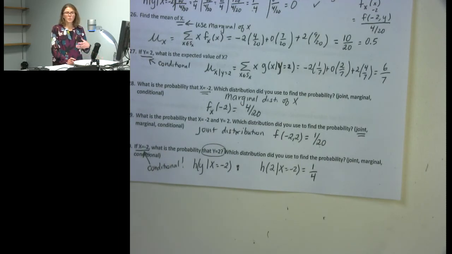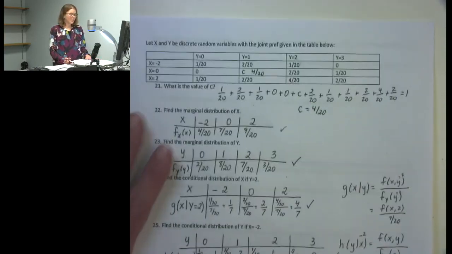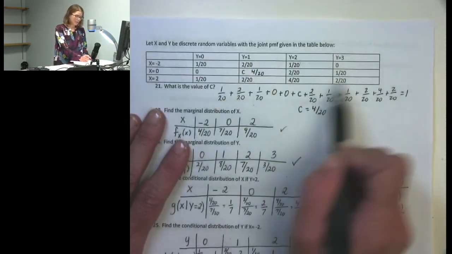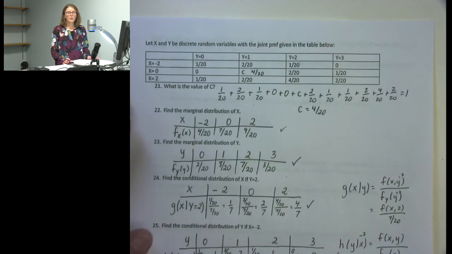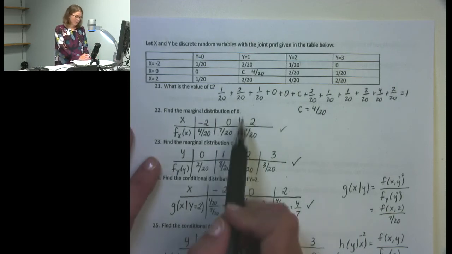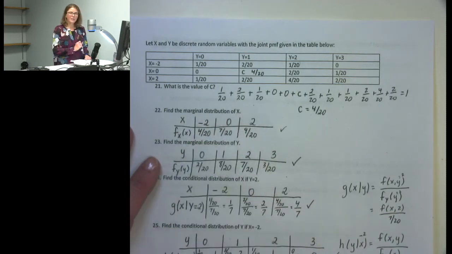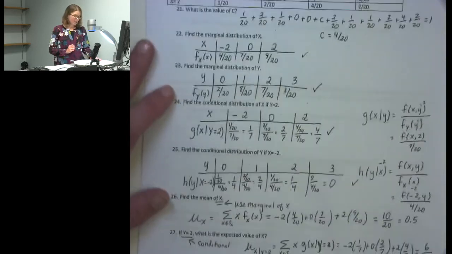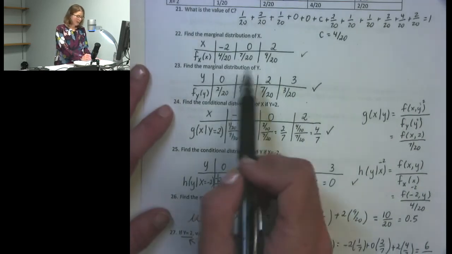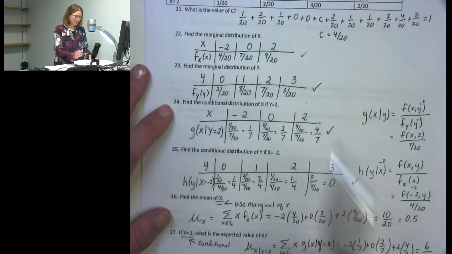So again, just as we're looking at these distributions, if I'm looking for the probability of an intersection of events, I use the joint distribution. If I'm answering a question related to only the random variable x, then I use the marginal distribution of x. If I'm answering a question that's only about the random variable y, I use the marginal distribution of y.